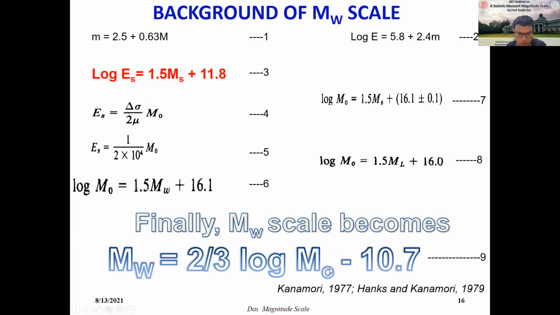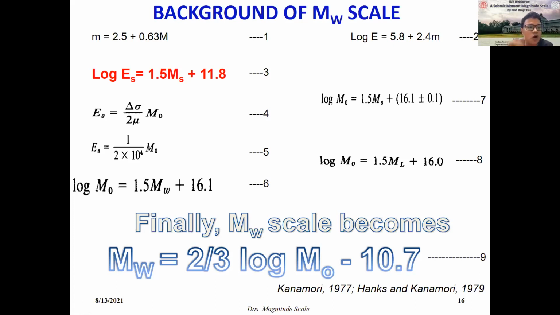It is a moment, but this equation comes from putting in the substitution value ES = 1/2 into 10 to the power -4. So this equation is a substitution and does not have the direct seismic moment values.